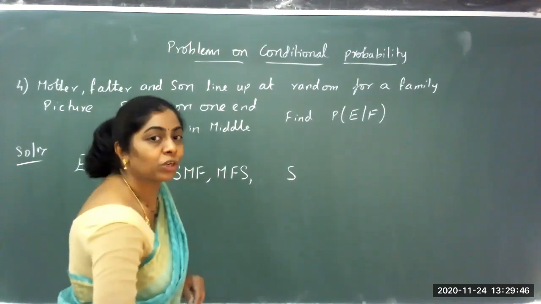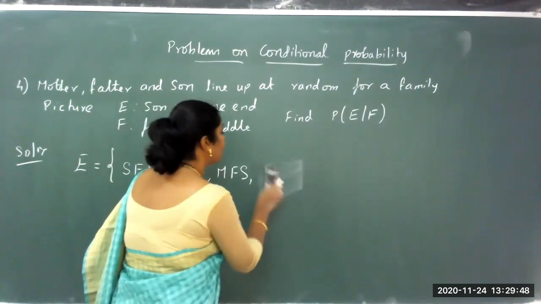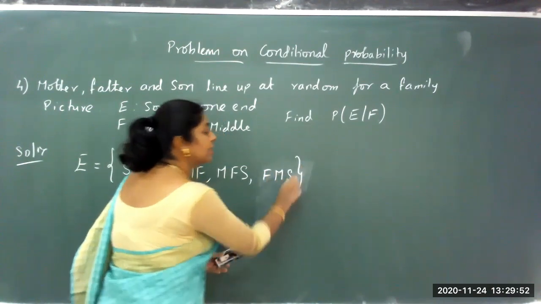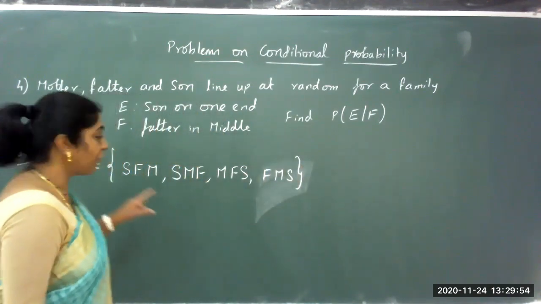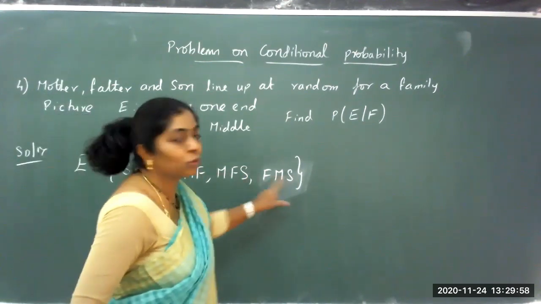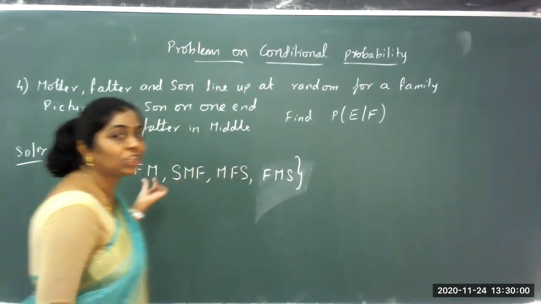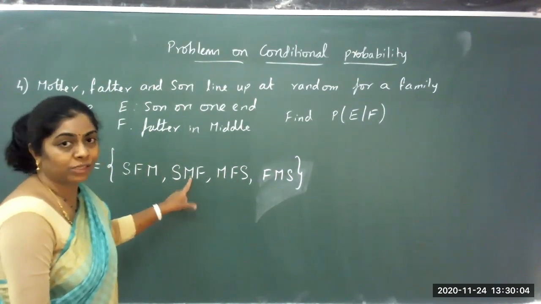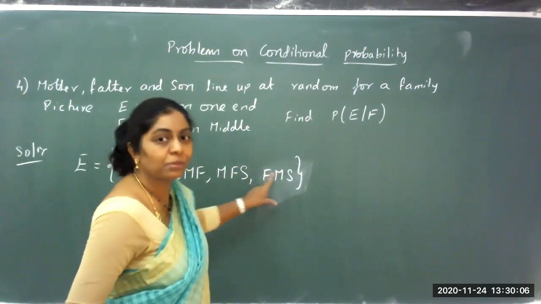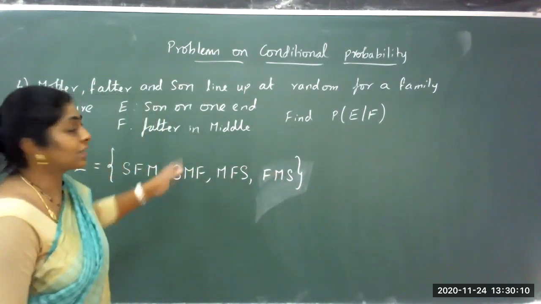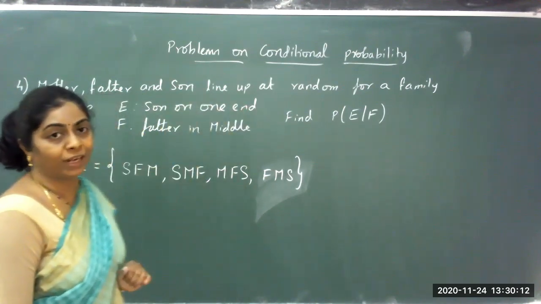The next case is father first, then mother, then son on the right. So I keep son at one end, left once and right once, interchanging father and mother in the middle. These are the four possible cases when I take son on one of the ends.